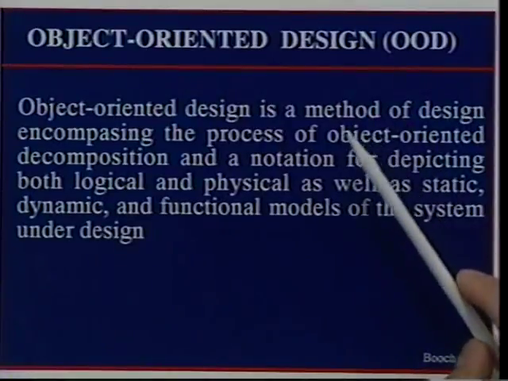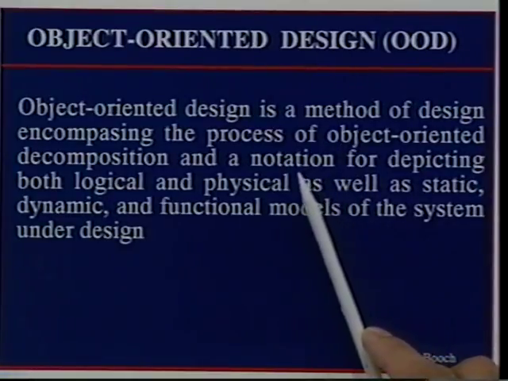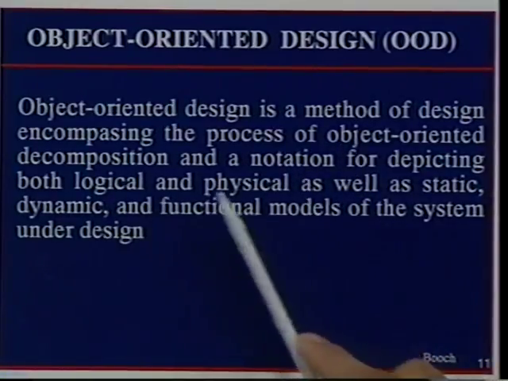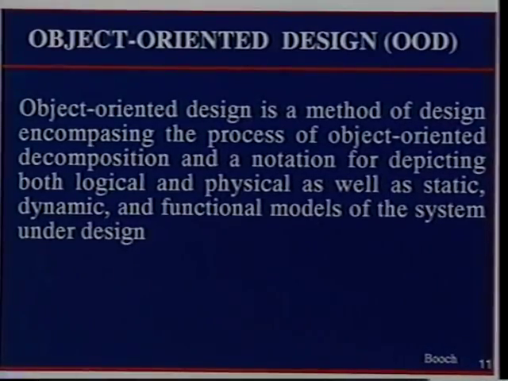When we talk about an example, we'll see how this works. And object-oriented design is a process where we do the decomposition and then we develop a notation for depicting both static, dynamic, and functional models of the system under design.